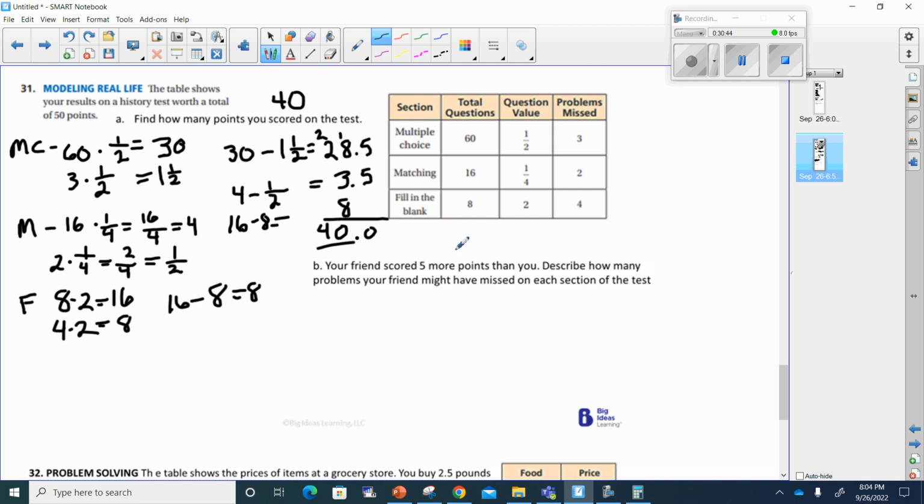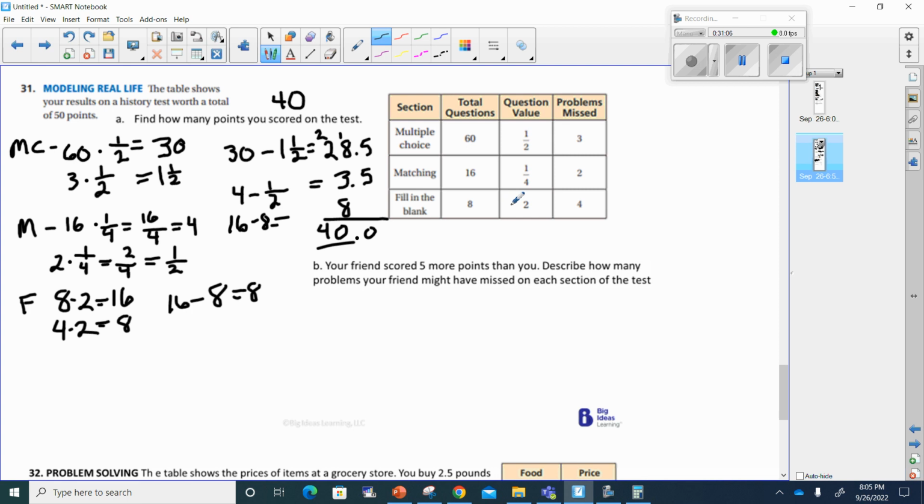There's so many ways that you can answer this. 5 more points. Well, I could just go ahead and say that he got, actually, 5 more points would mean, I'm just going to take it out of this section here. How could he get 5 more points?